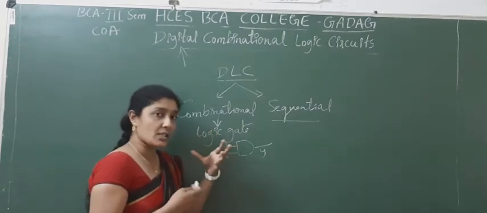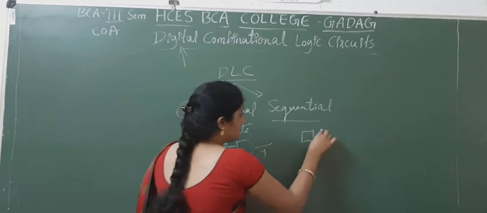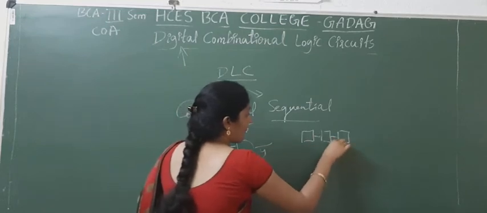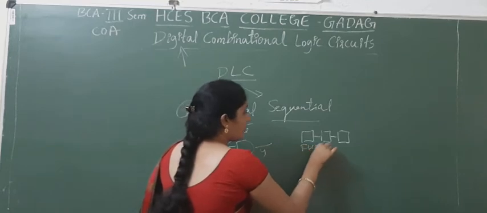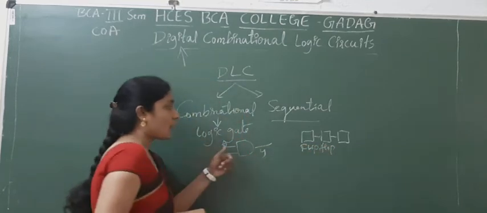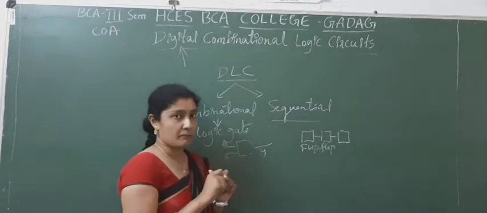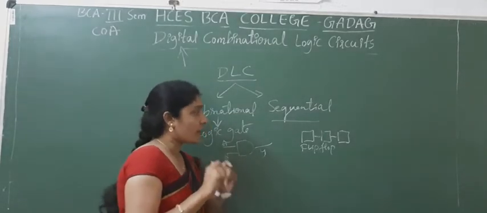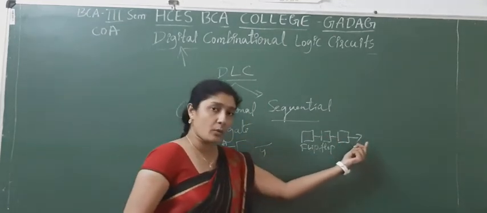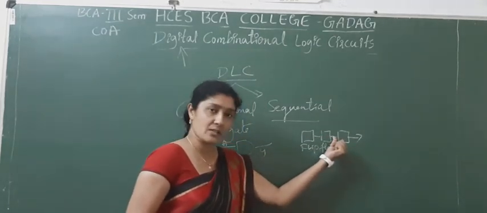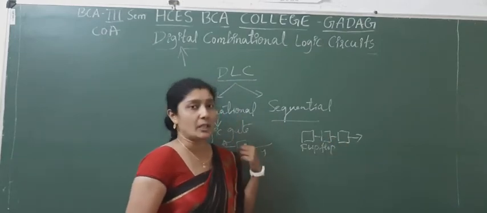Whereas the best example of sequential is the flip-flop. So what is this flip-flop actually? This flip-flop is a circuit which can store only one bit at a time. Here the output is not only depending on the present status of the input but also on the previous status of the input.